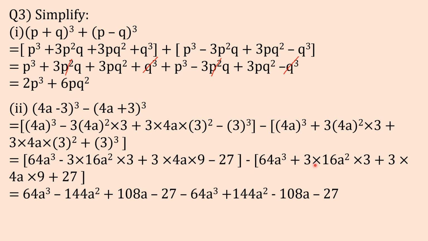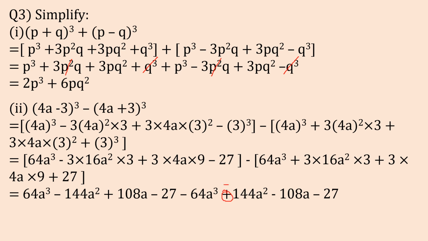Now in the second part you have to remember, here it is minus, students. So the first term is with plus, so it will become plus into minus, minus, that is 64a cube. Now minus and this term is plus, so you'll put here a minus sign.